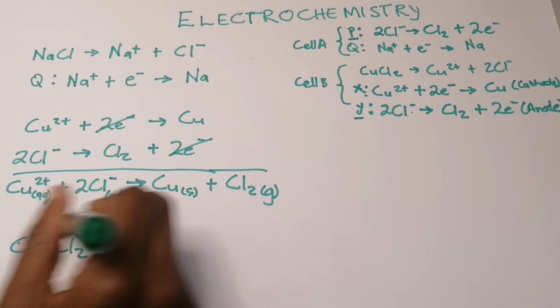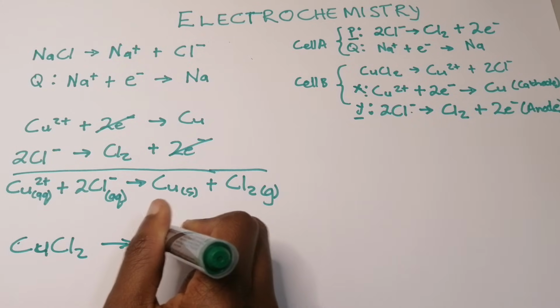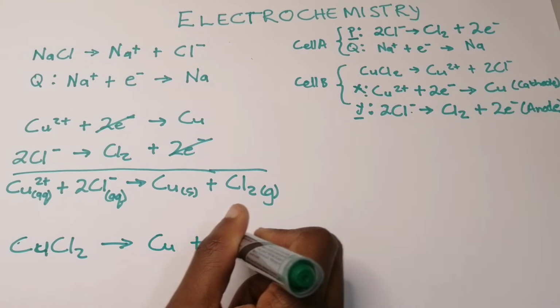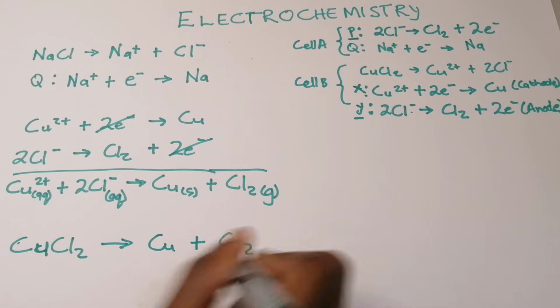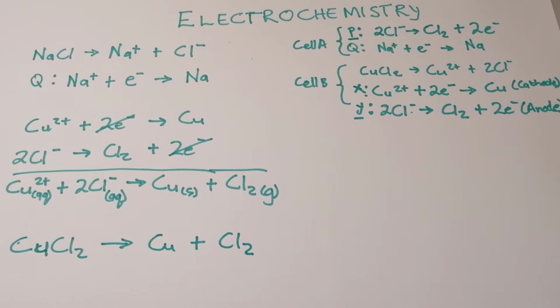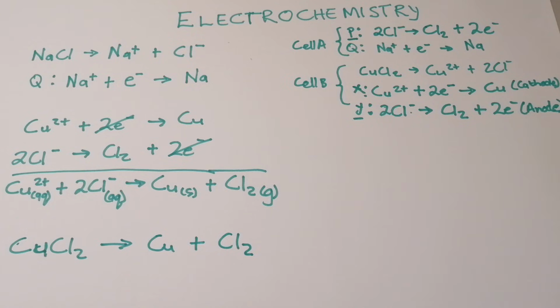So the net cell reaction would be CuCl2 giving you copper plus Cl2. So that's the one question paper done, and you would have gotten yourself full marks on that.